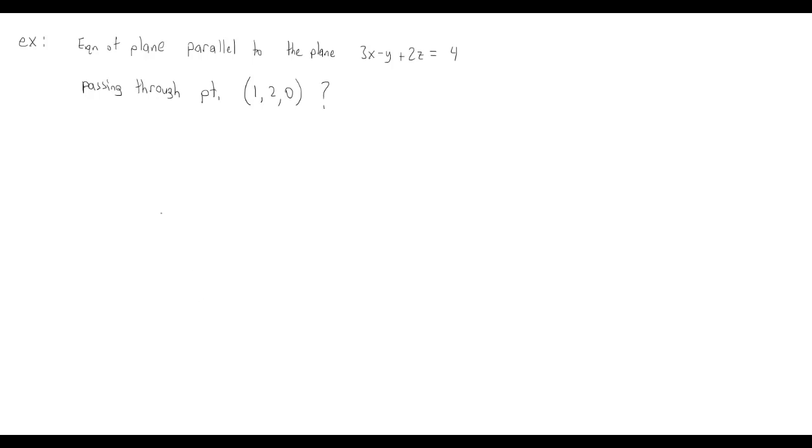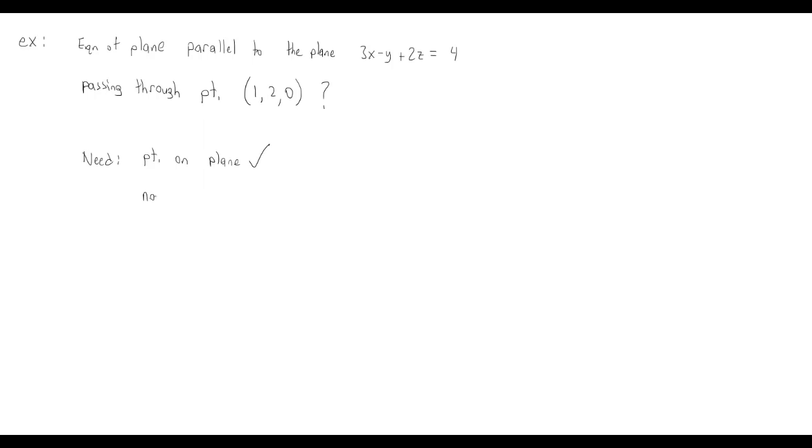Okay, so in order to get the equation of the plane, what do we need? We need a point on the plane, and in this problem we are given such a point, so we have that information already.